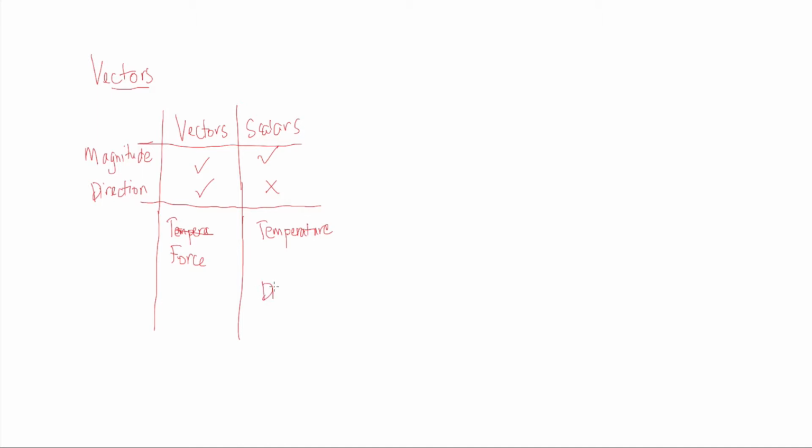Another scalar that we can talk about is distance. If I take a walk around a park, let's say here's my park, and I start here at point A and I end up here at point B, and the distance I walked is maybe 5 kilometers, right? So that's my distance.